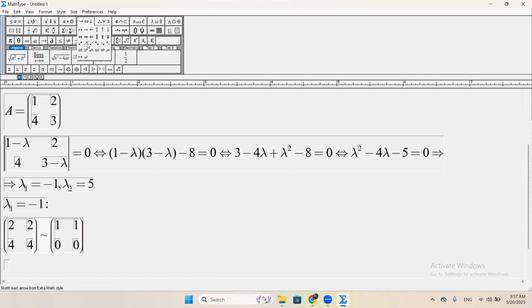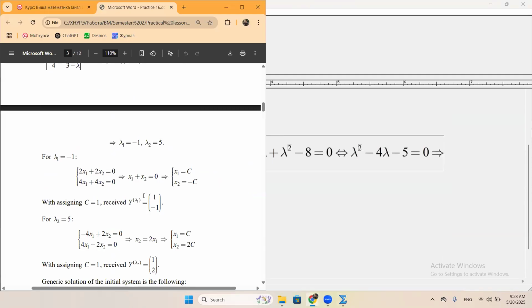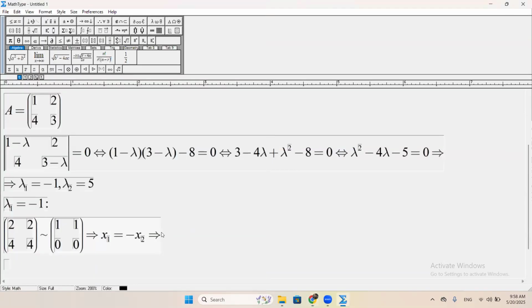Therefore x1 equals minus x2, sorry. So the eigenvector, how do I mark it here, because there are a lot of y, okay, y lambda 1.